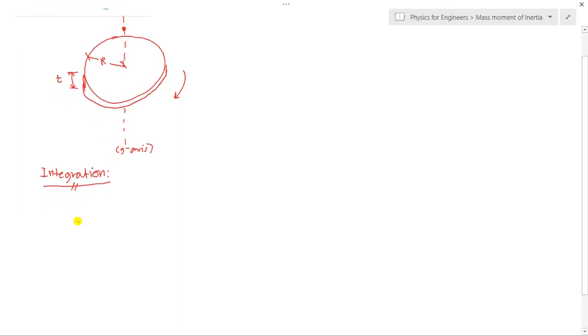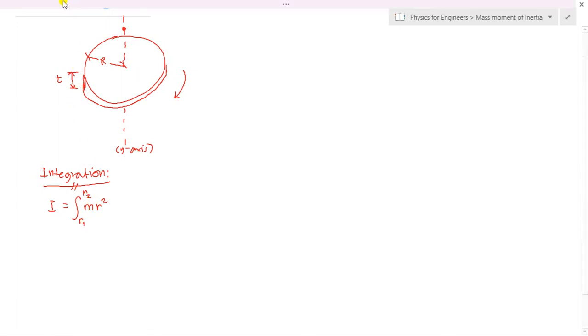So let's apply integration, because the general formula for the mass moment of inertia is I equals the integral of mass times r squared, from r1 to r2.